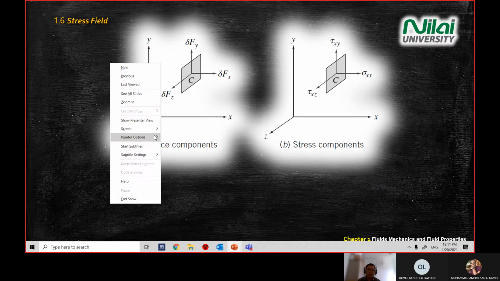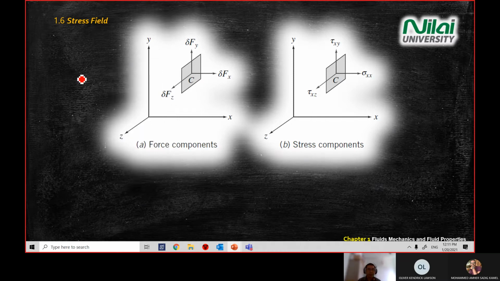Force we convert to stress. So just to recap what we learned in our previous lecture: what is the definition of stress? Stress, we take force divided by area. And when we talk about stress, our force direction is always 90 degrees to our area, or it's a normal force.